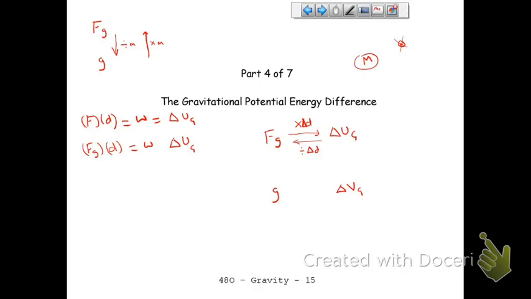And then we come to that thing about, well, you can tell me the change in potential in going from the floor to the table, but can you give me a number for the actual potential energy of the tabletop? Not relative to the floor, but on some scale.